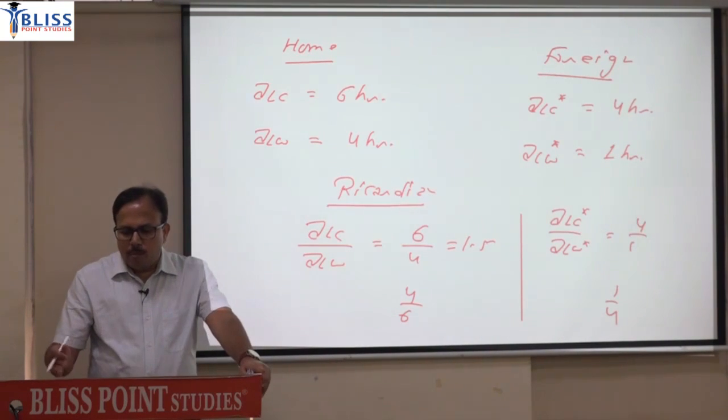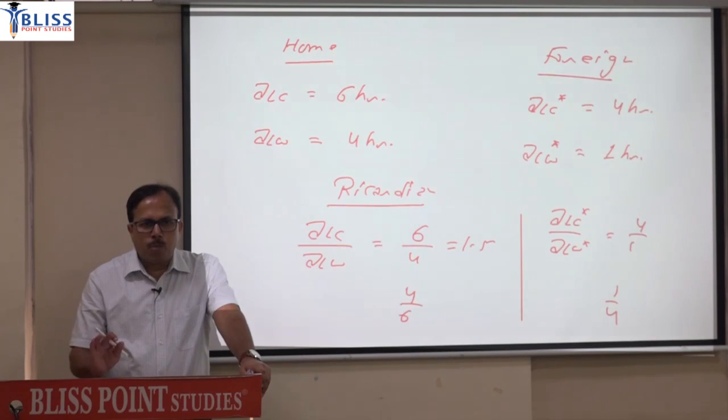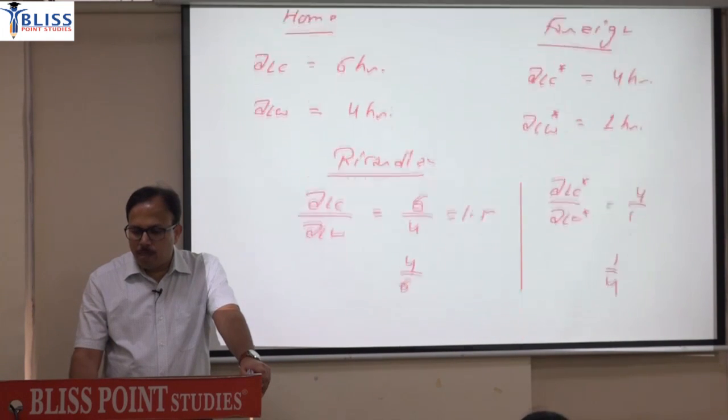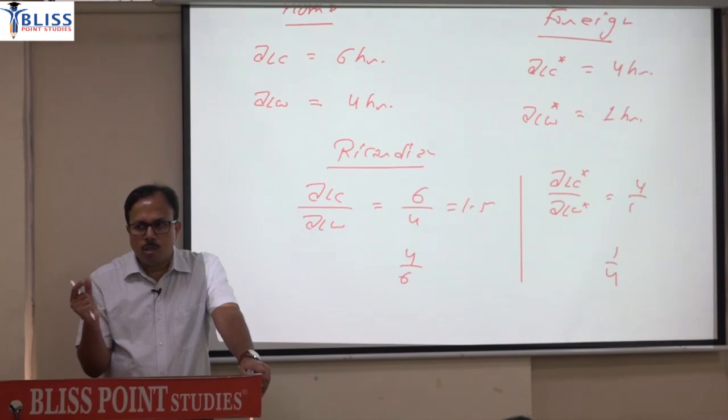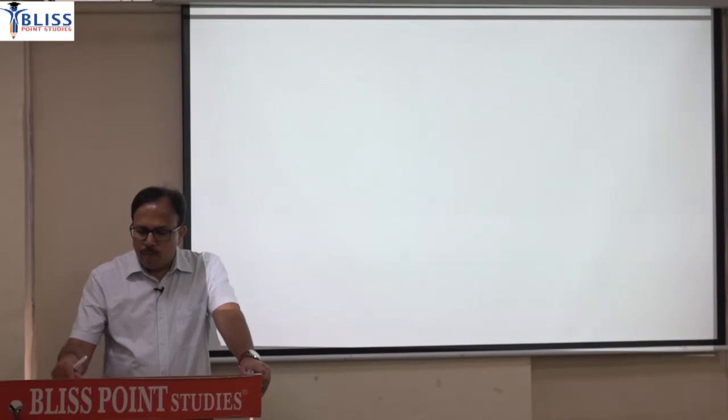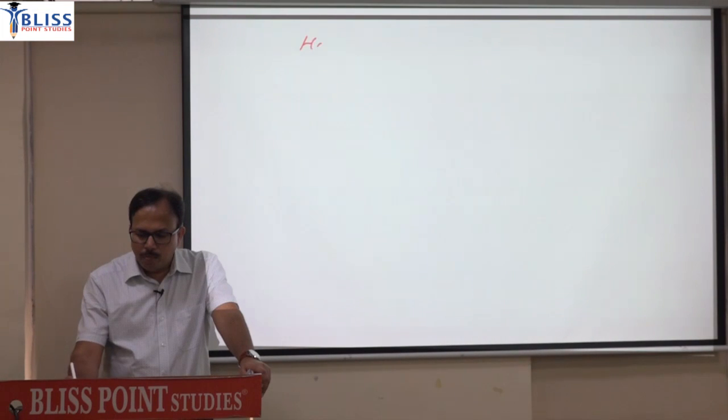So if any number is being given, you can explain the pattern of trade. Pattern of trade is basically determined by comparing the opportunity cost of one with the opportunity cost of the other. Like for example, if you are reading that chapter in Krugman, for the home country, information is given as ALC and ALW.